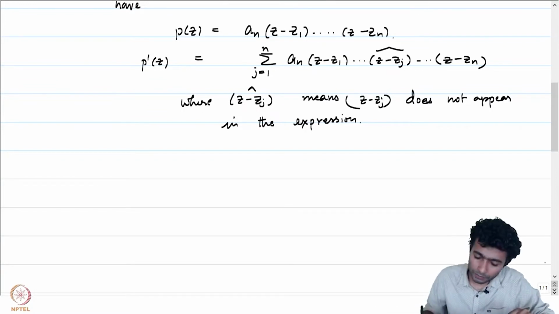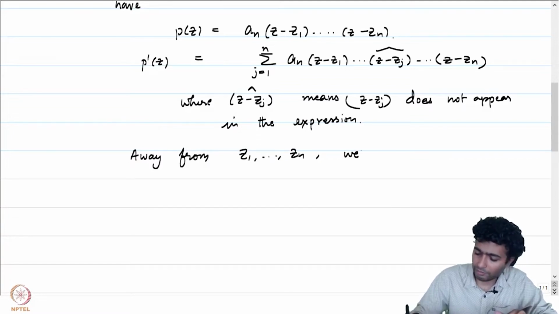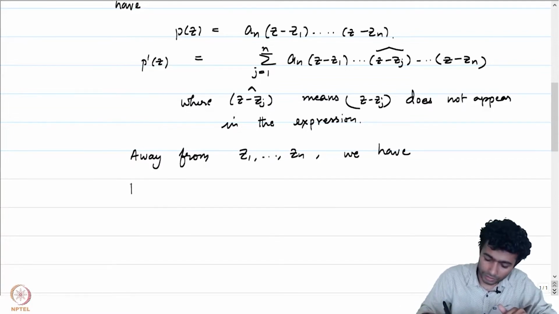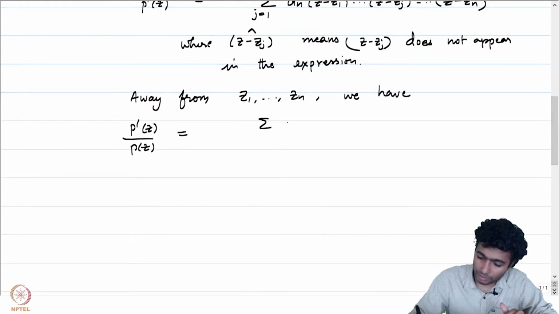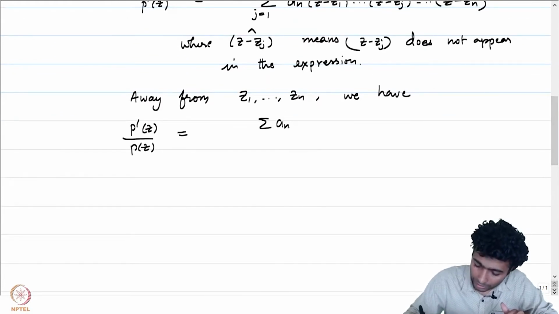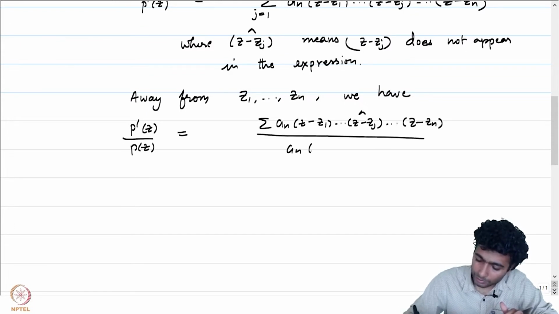analysis here. Right, so away from z1 to zn, we have the function p prime of z by p of z is equal to the summation of (z minus z1) ... (z minus zj hat) ... (z minus zn) times a_n, divided by a_n (z minus z1) all the way up to (z minus zn).